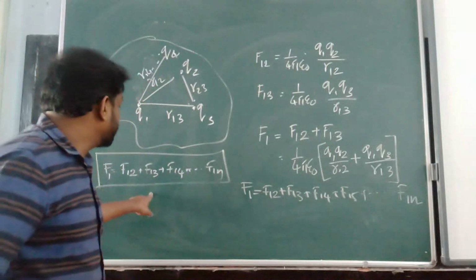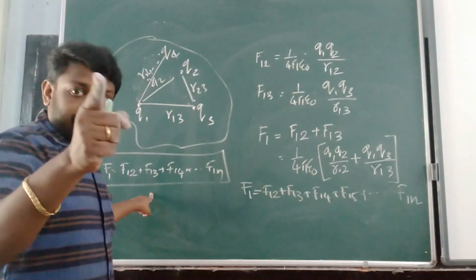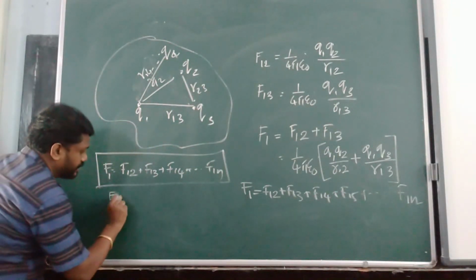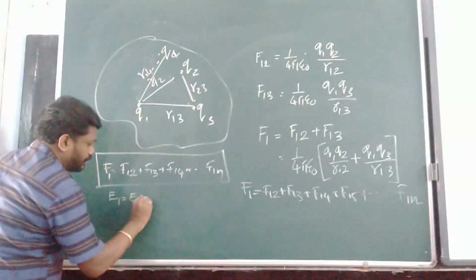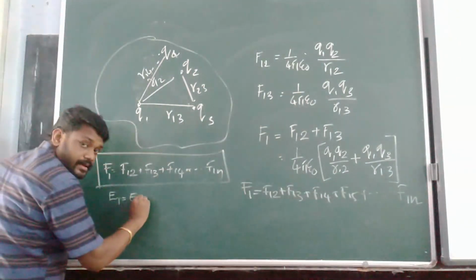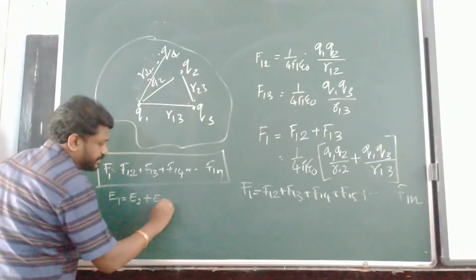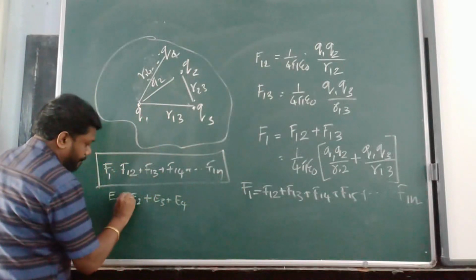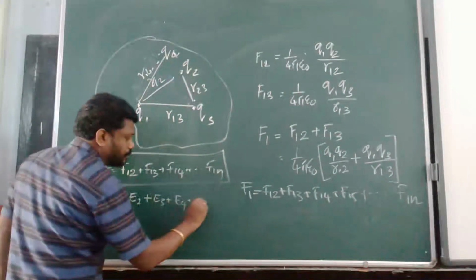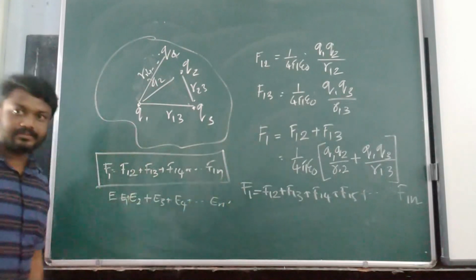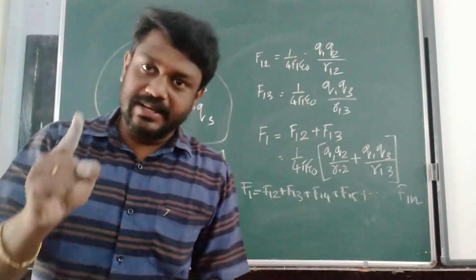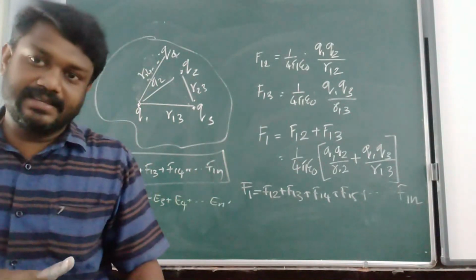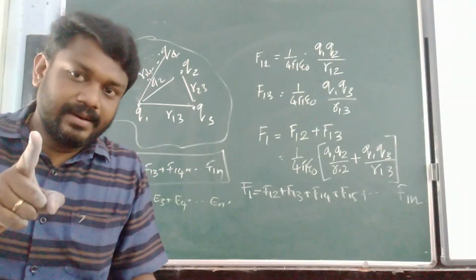Since electric field intensity is also a vector quantity, you can take E is equal to E1 plus E2 plus E3 plus E4 up to En. So, the superposition principle is applicable for both electric force and electric field intensity, since both are vectors.